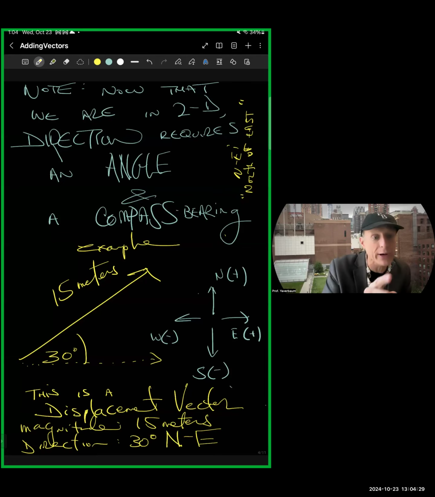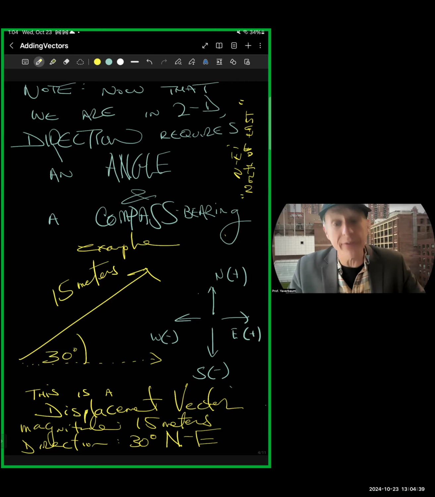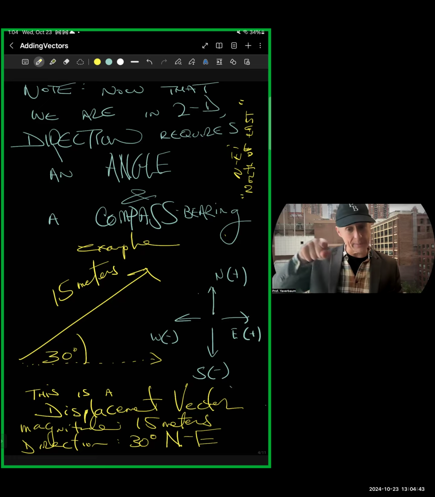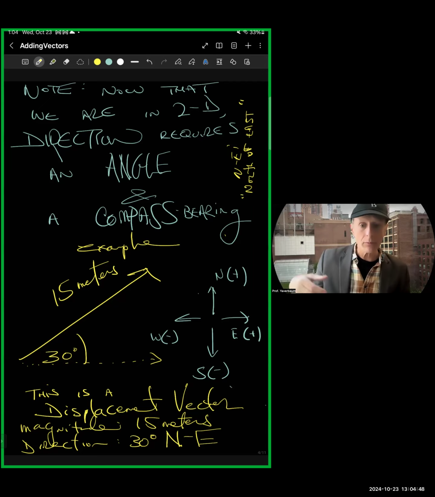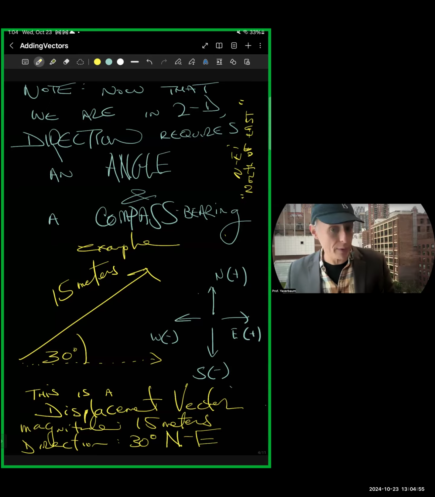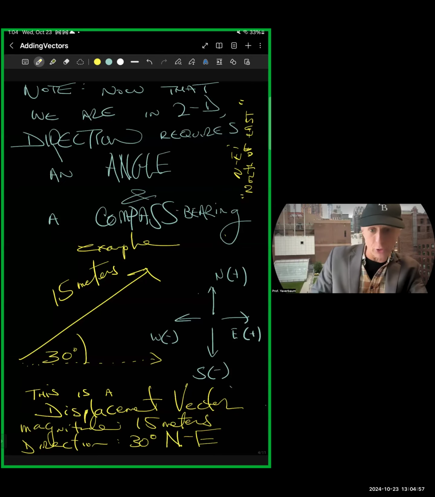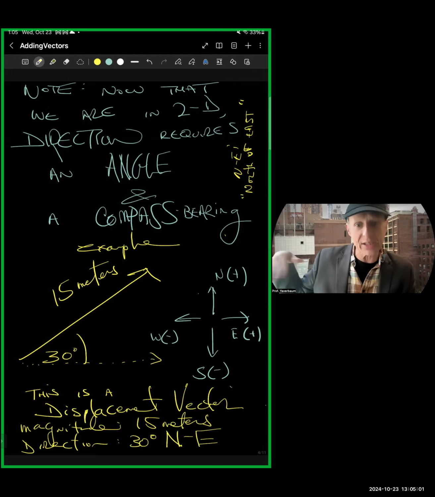In physics, for example, here's a vector right here, this yellow arrow. This yellow arrow on the page is an example of a displacement vector. It's an arrow that represents 15 meters of distance through space in a direction of what I will from here on call 30 degrees northeast, assuming that I'm calling to the right on the page east and positive.